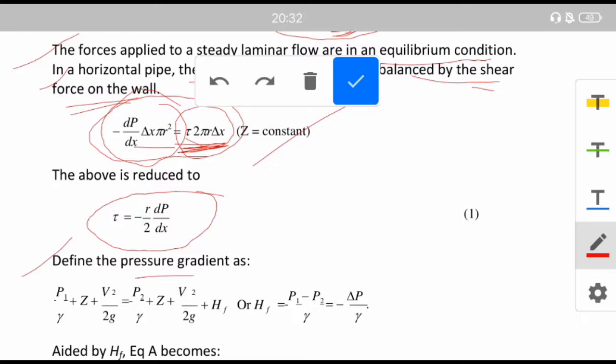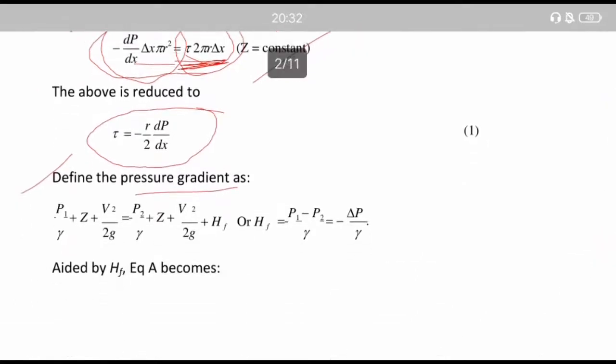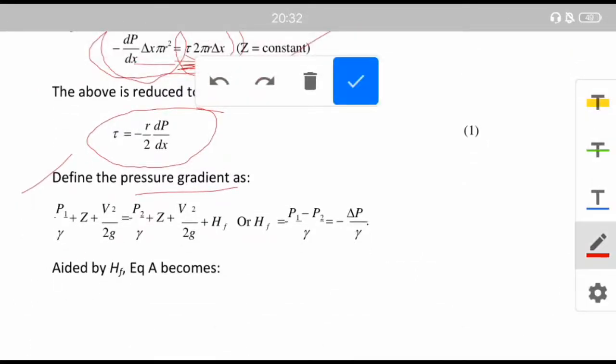So let's define the pressure gradient using Bernoulli's equation: P1 upon gamma plus Z1 plus V1 square upon 2g is equal to P2 upon gamma plus Z2 plus V2 square upon 2g plus hf, where we consider a head loss, and hf is equal to P1 minus P2 upon gamma, that is, minus delta P upon gamma.